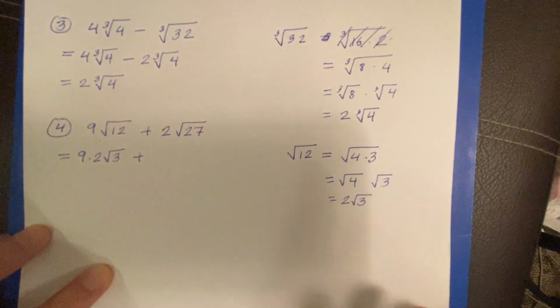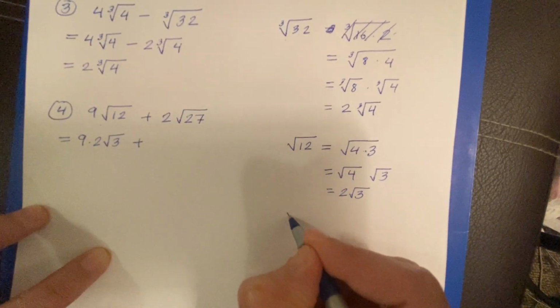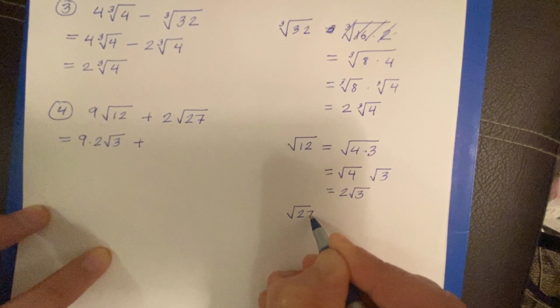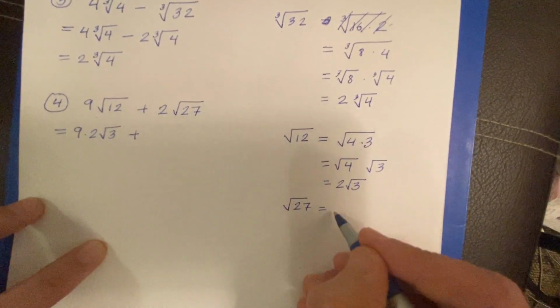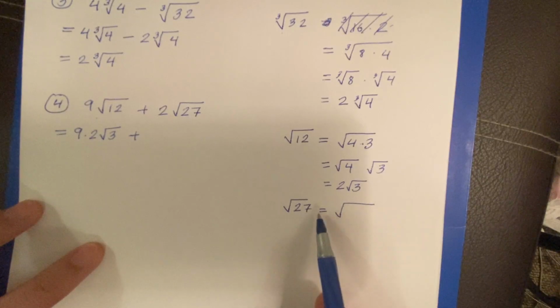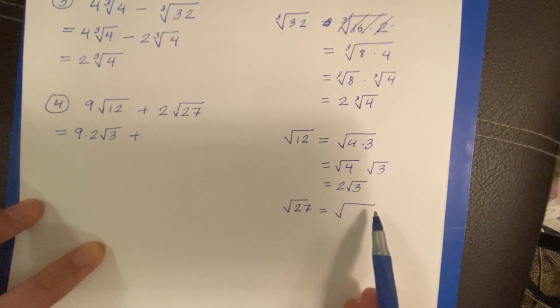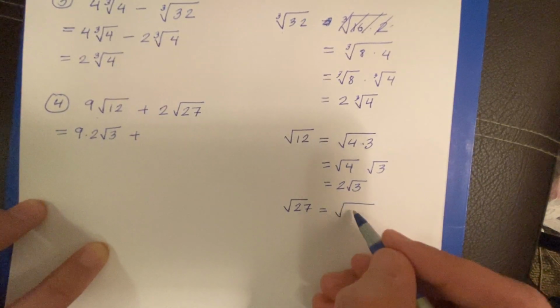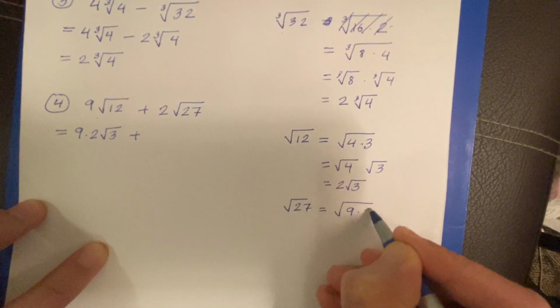Plus, now for 27, square root of 27 is also, we can say 27 is 9 times 3, right?